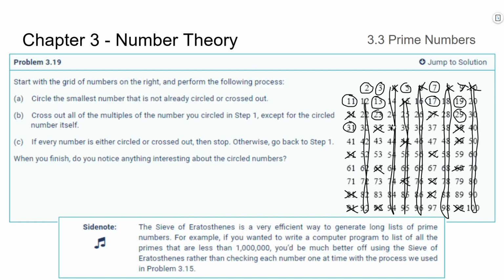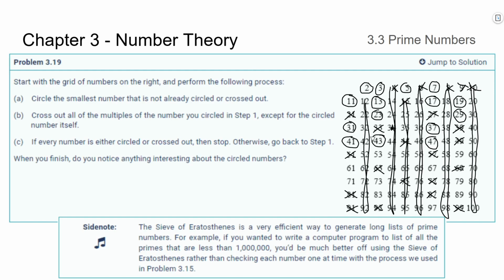Okay, then what's next? This is crossed out already. 37, and then 74 would be next, and then over 100. 41, and then 82, and then over 100. 43, and then 86.